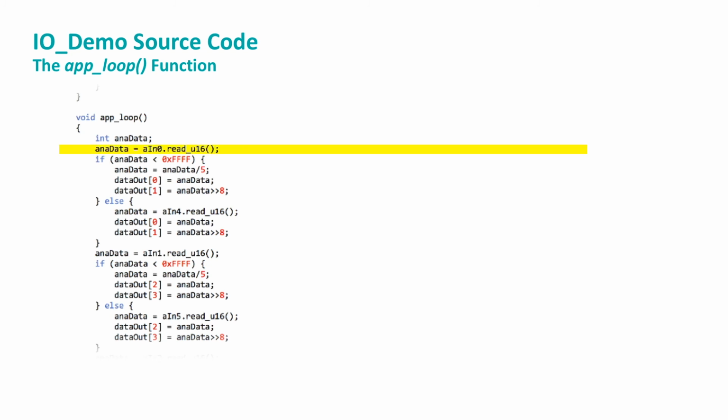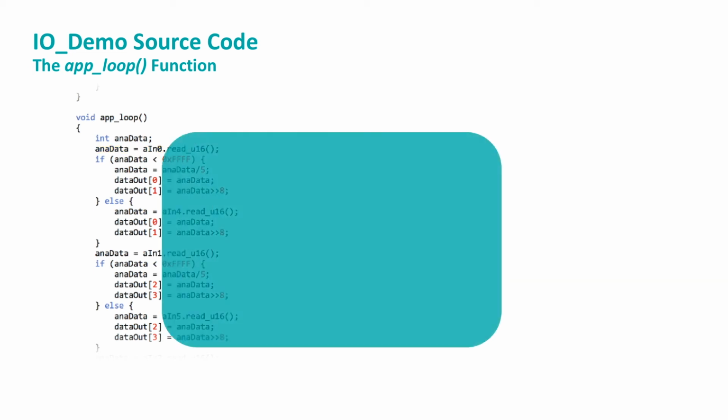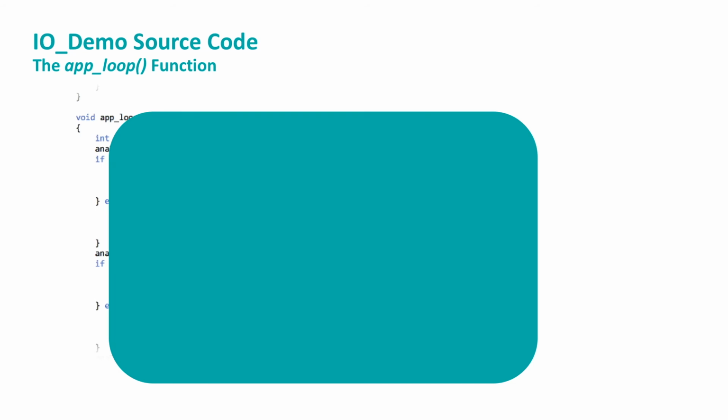The AN0 object manages the first of the 4 analog inputs. It has a method, readU16, that returns the 16-bit converted voltage on analog input 0. But remember, the analog inputs on the MAX32625 are only 10-bit ADCs.